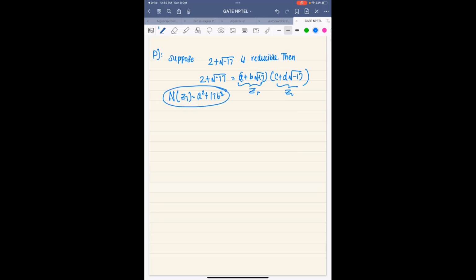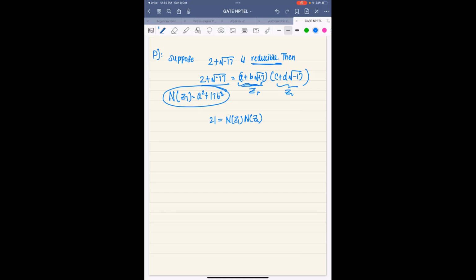So this is norm. So norm of this element is 21, and this will be equal to norm of Z1 times norm of Z2. Now norms are integers, and we were assuming that this was reducible, so these two are basically non-units.